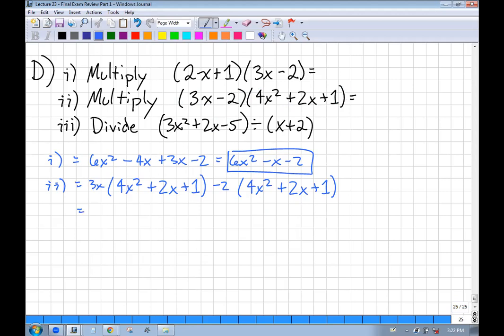So here I get a 12x cubed, and then a 6x squared, and then a 3x. And now over here I get a minus 8x squared, and a minus 4x, and a minus 2. Now I combine like terms. I only have one with an x cubed in it. These I can combine to be a minus 2x squared. These I can combine to give me a minus x. And then I have a minus 2.